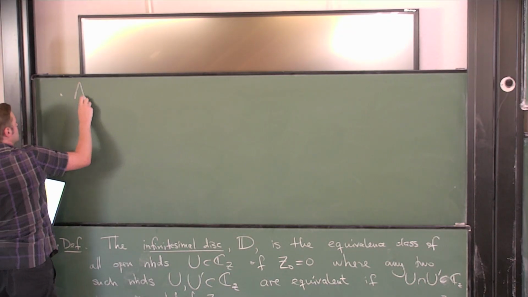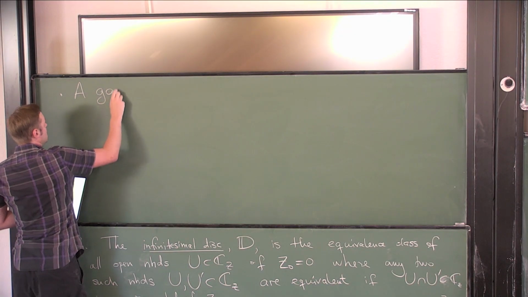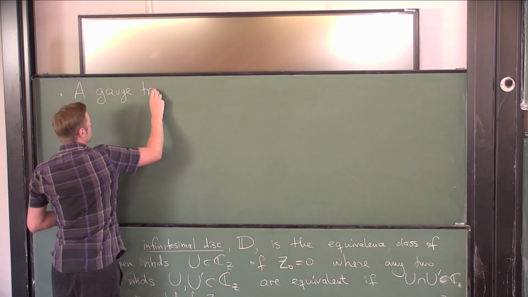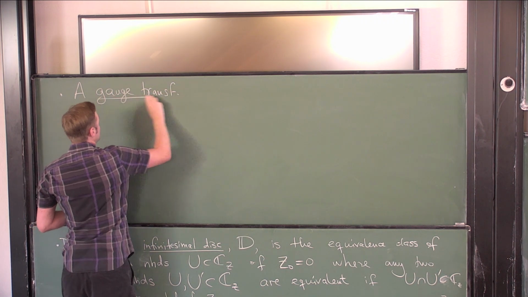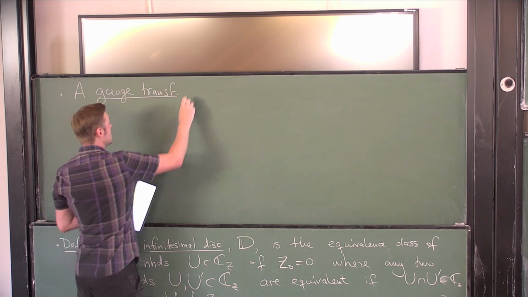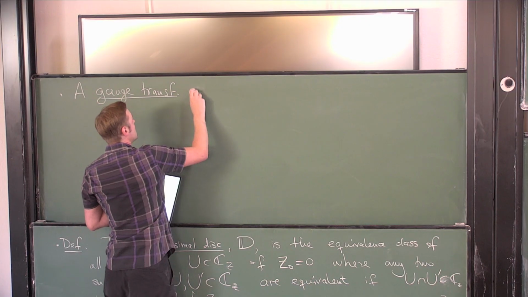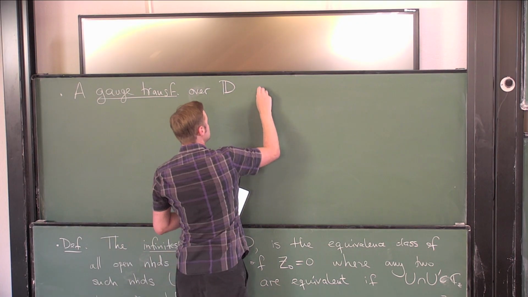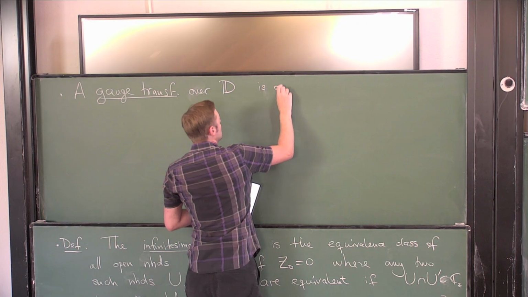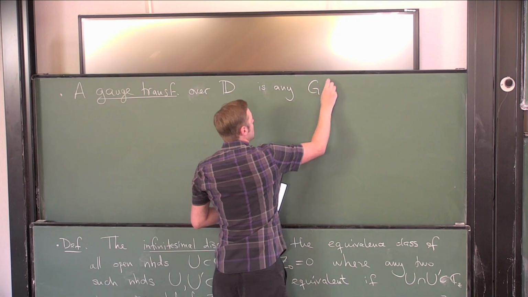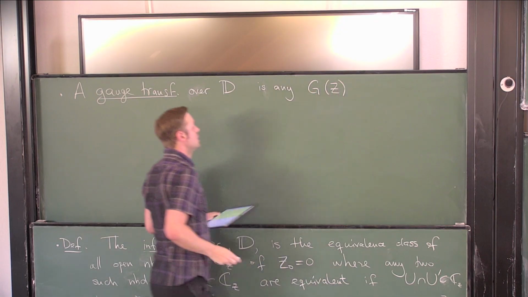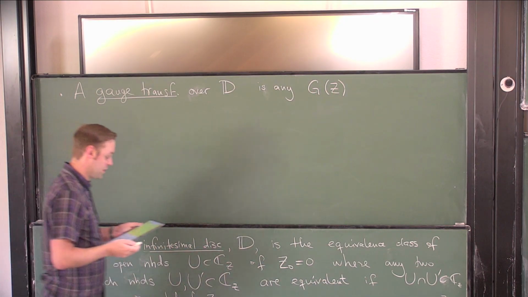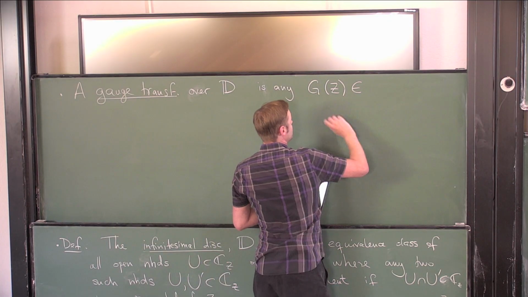So what is a gauge transformation in this context? A gauge transformation over this infinitesimal disk D is any invertible matrix with coefficients which are convergent power series.